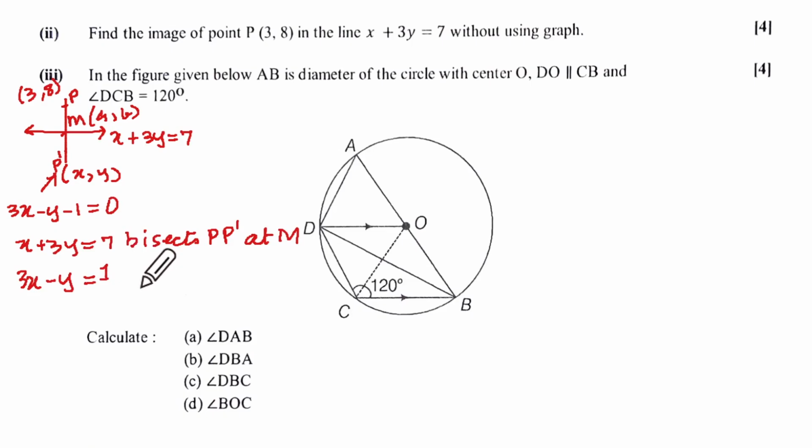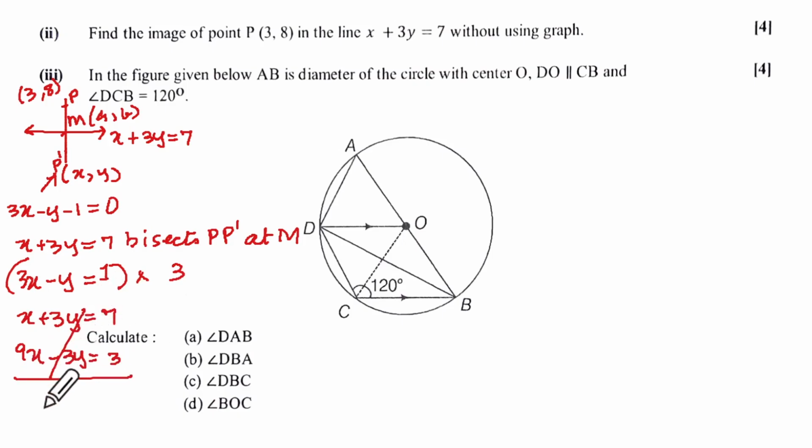This is your equation 1 and this is your equation 2. I'll multiply this by 3. So the two equations will be x plus 3y equal to 7 and 9x minus 3y equal to 3. And I will have 10x equal to 10. So x equal to 1.